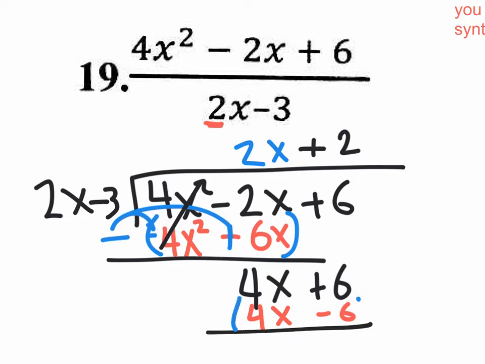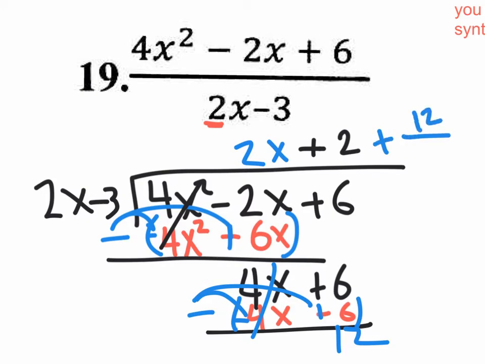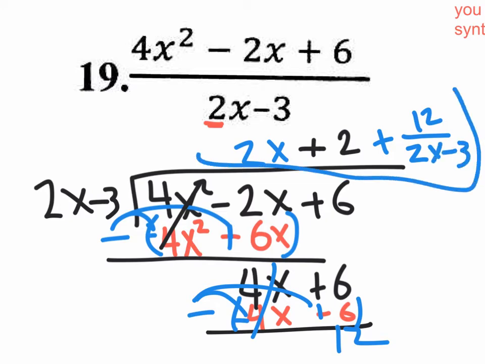So let's put this in parentheses, and the minus sign, that's going to change it to a negative 4. That's going to cancel. It changes that to a positive 6. You will get a remainder of 12. So at the end of it all, you're going to put plus fraction 12 on top of the original divisor, 2x minus 3. So this is the correct answer, guys.